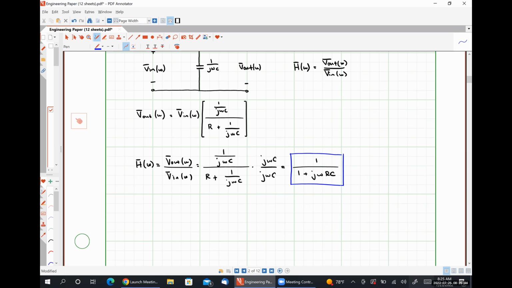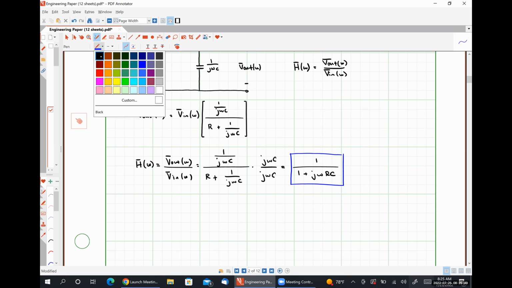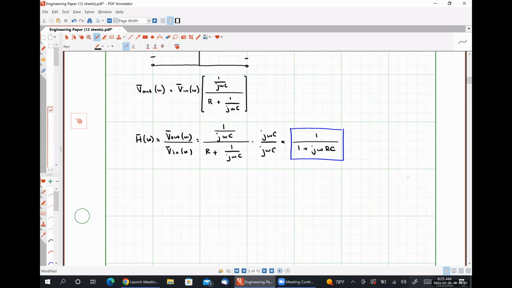Now, recall from our Circuits 1 lecture on complex numbers that if I have a complex number A equal to A plus jB, this is my rectangular form for a complex number, then the magnitude of A is given by the square root of A squared plus B squared.